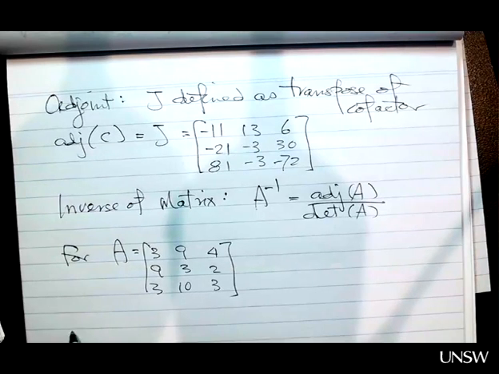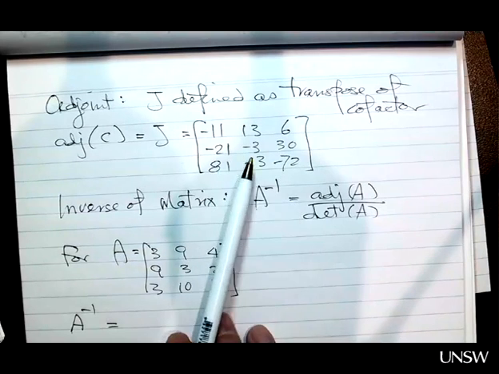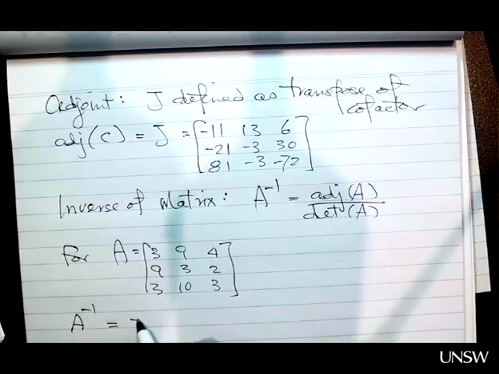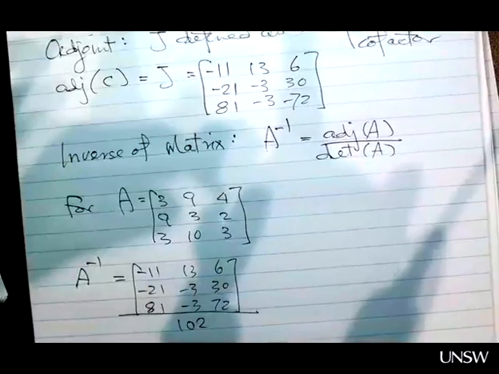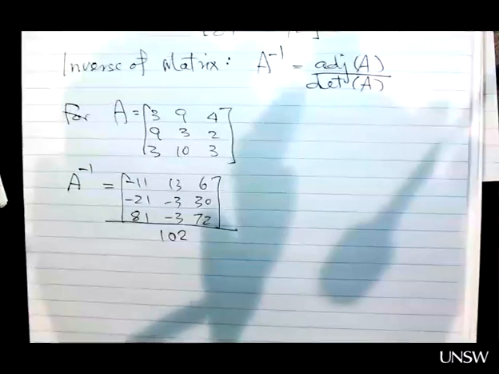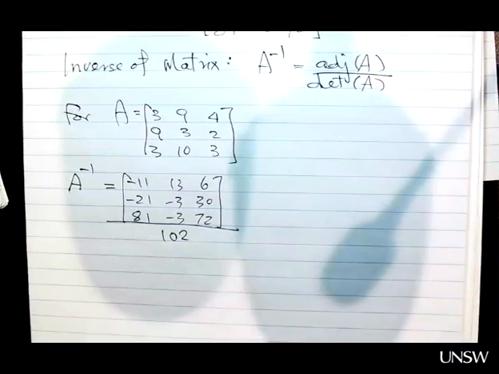So the inverse is the adjoint matrix, this one. It is minus 21, divided by, as we have calculated before, the determinant, which is 102.